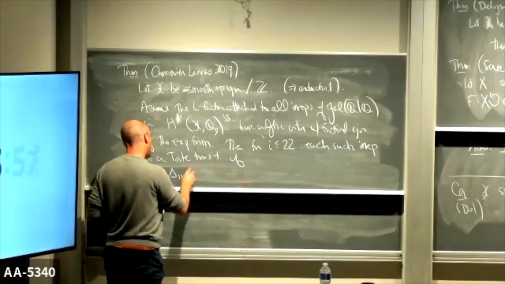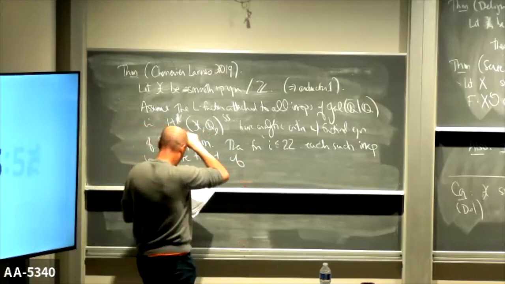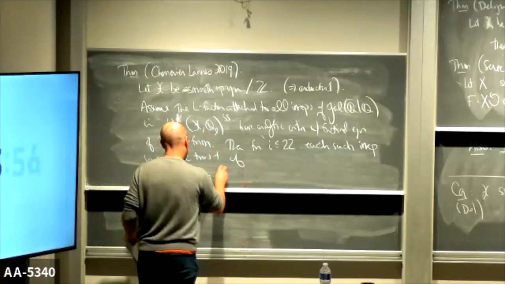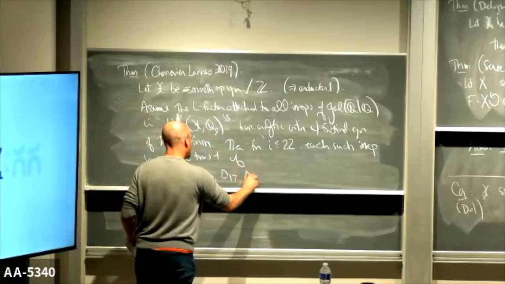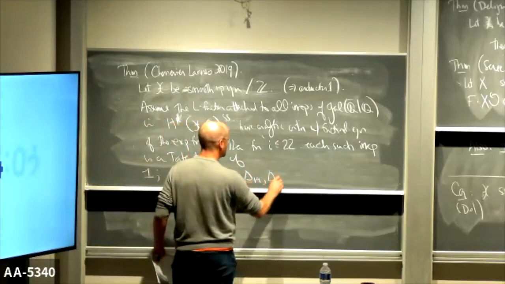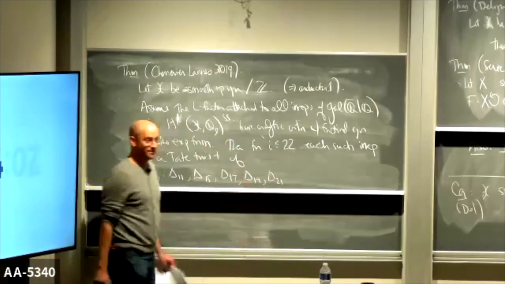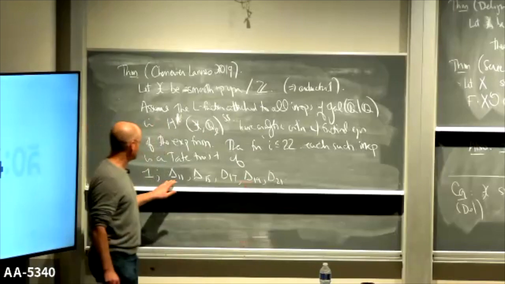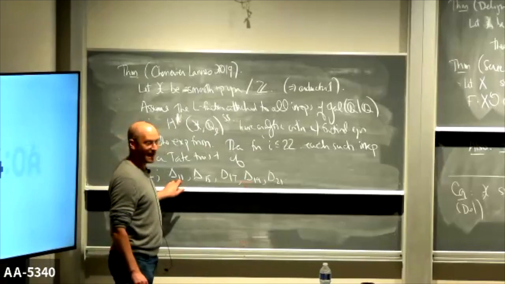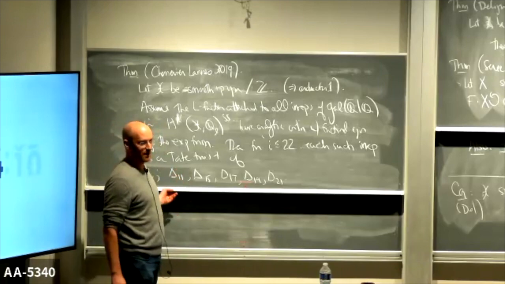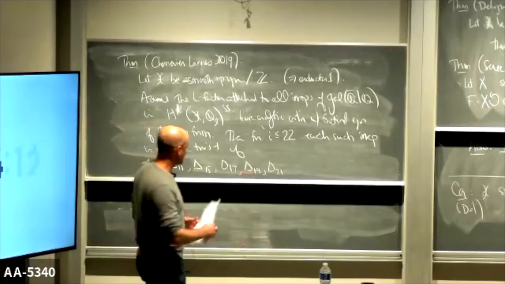And then there are 5 that correspond to holomorphic modular forms for SL2(Z). Here Delta_k corresponds to the weight k+1 cusp form for SL2(Z).